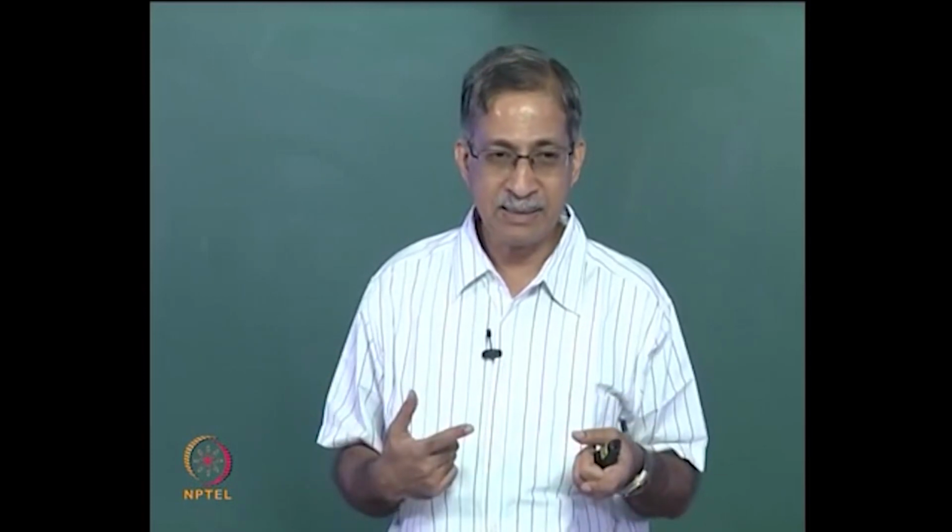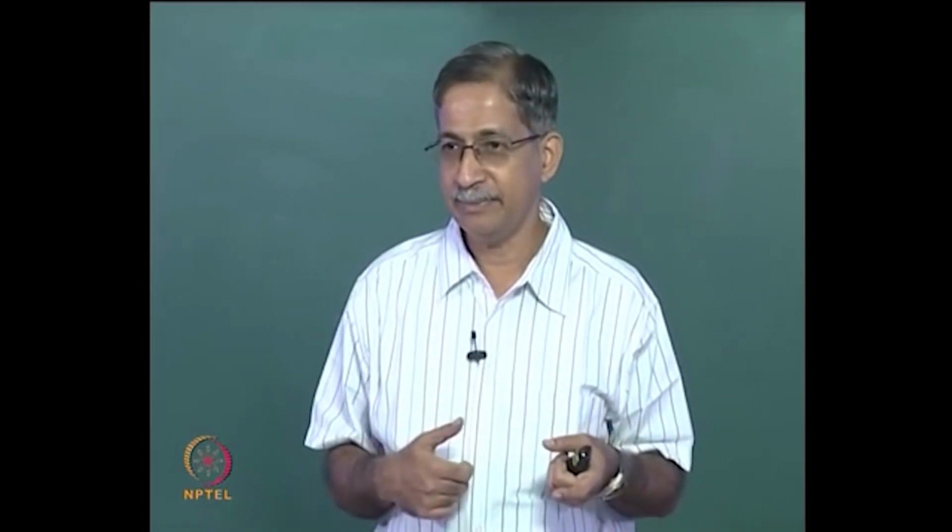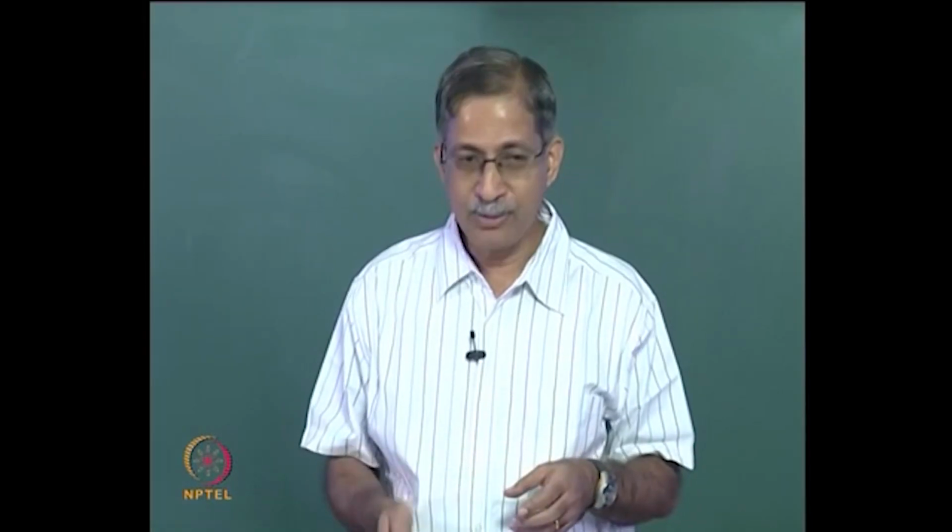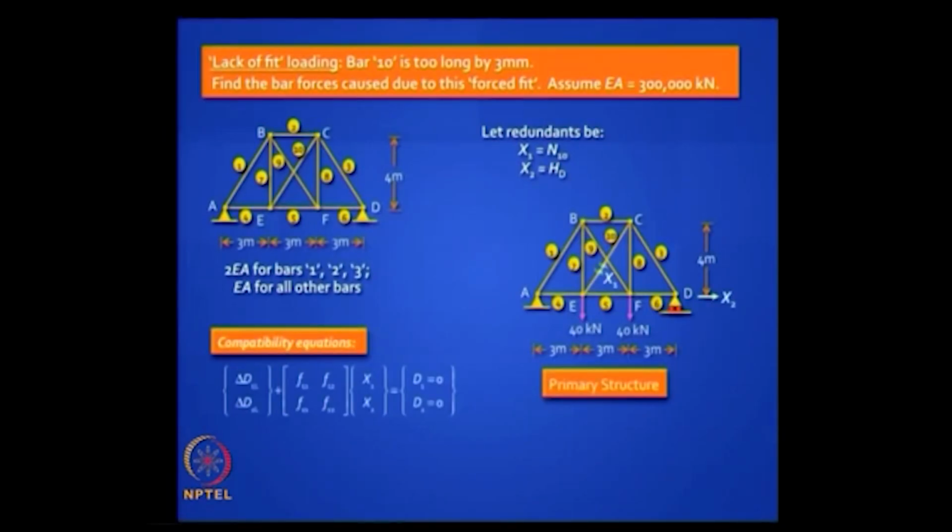What is delta d2L? Delta d2L is 0, right? Now this 3 mm you should write in a consistent unit, so it is 0.003 meters, and if it is too long you should visualize this as an overlap of those two bars by 3 mm. Is it clear?